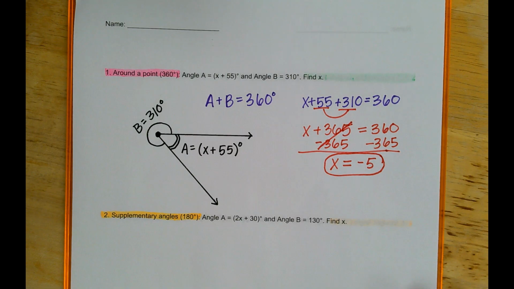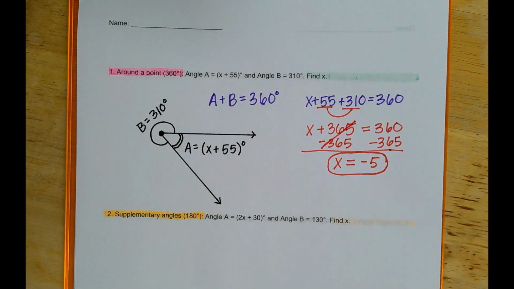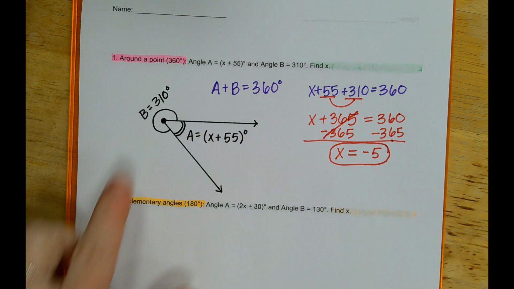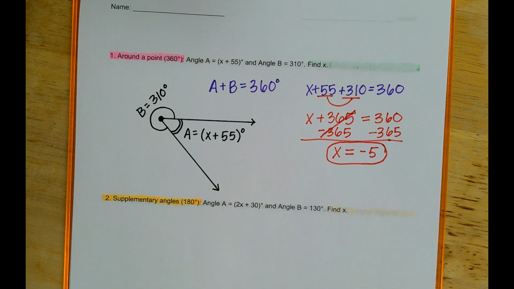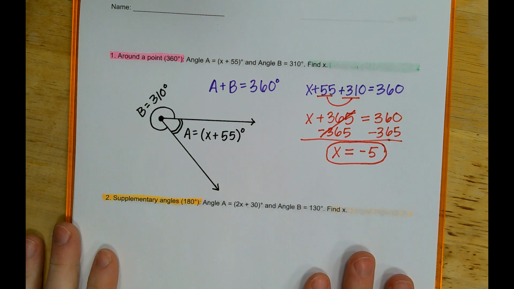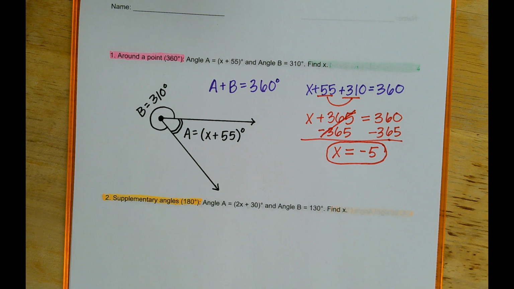Okay. So we got one of the problems with angles around a point. So we feel good about those. I think you definitely seemed like you knew what you were doing. I think we're good just going through one. How about number 2? How would we set this one up? I know I've got supplementary angles. Yes, perfect.